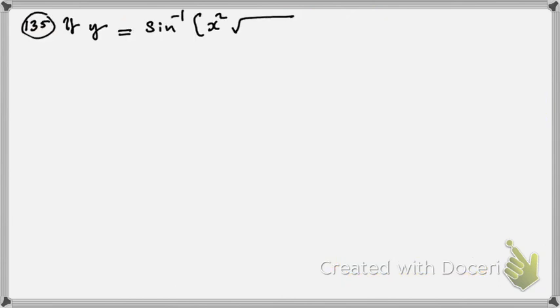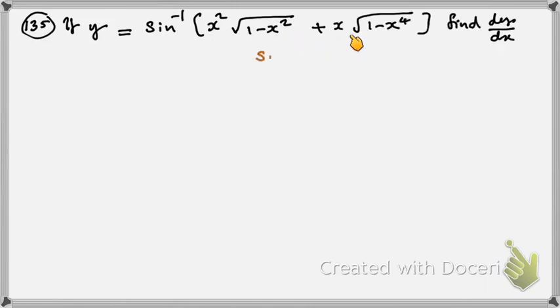y is equal to sine inverse of x square into root of 1 minus x square plus x into root of 1 minus x raised to 4. Find dy by dx. What we are going to do here is, your question is to find the derivative of this function.